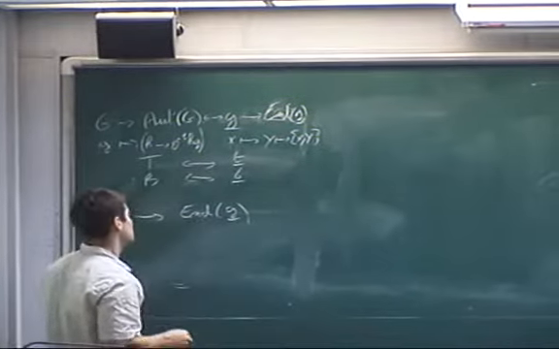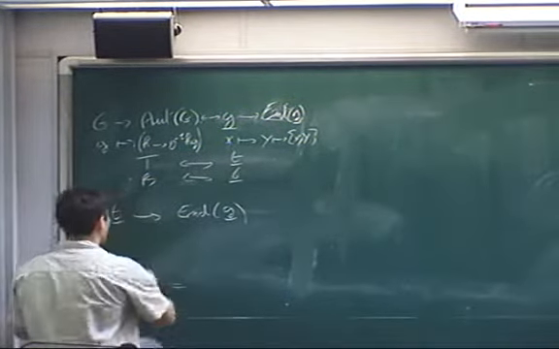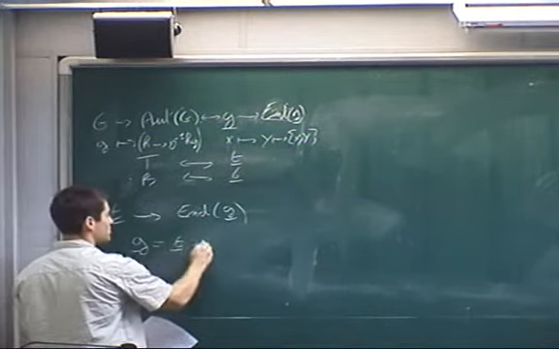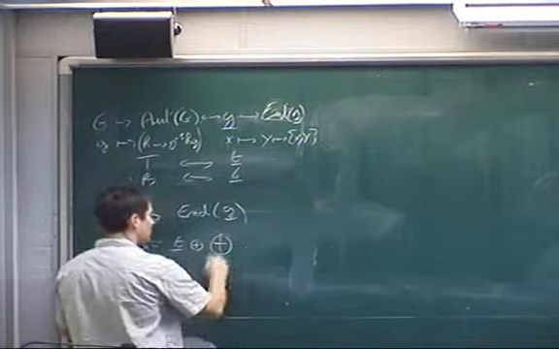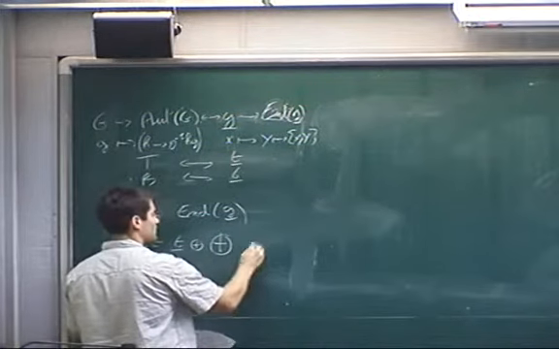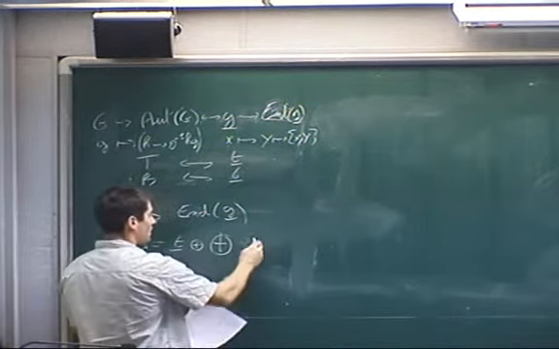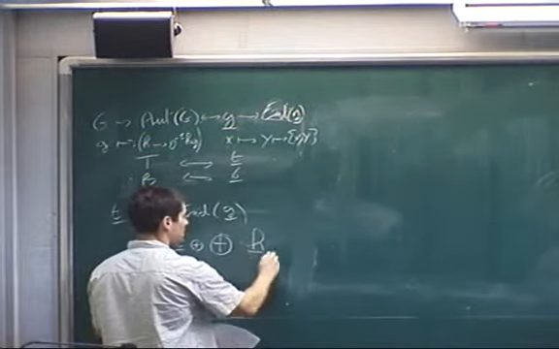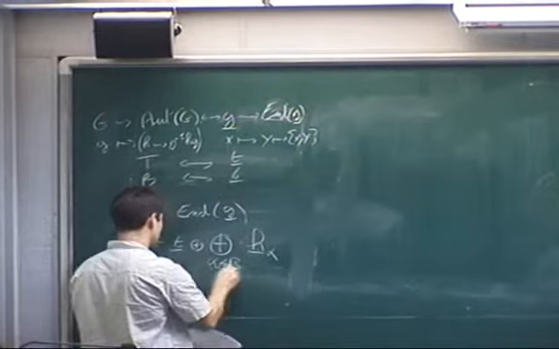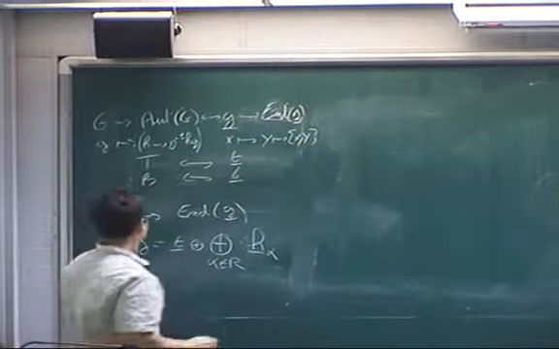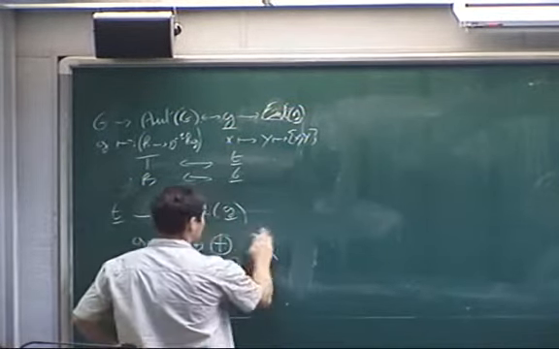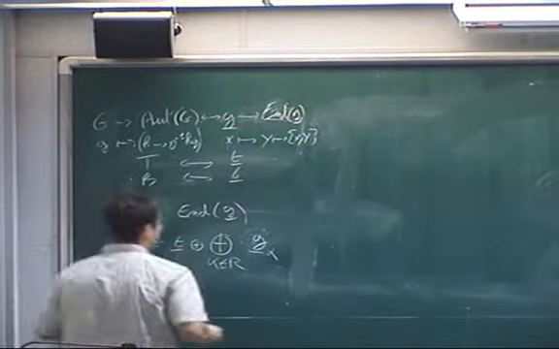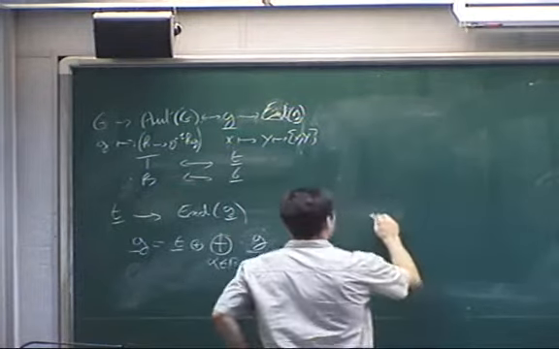We can diagonalize this morphism, and so we can write the Lie algebra of G as the Lie algebra of T plus the sum of eigenspaces. I denote g alpha for alpha in some space. So let's look at the example of SLN.